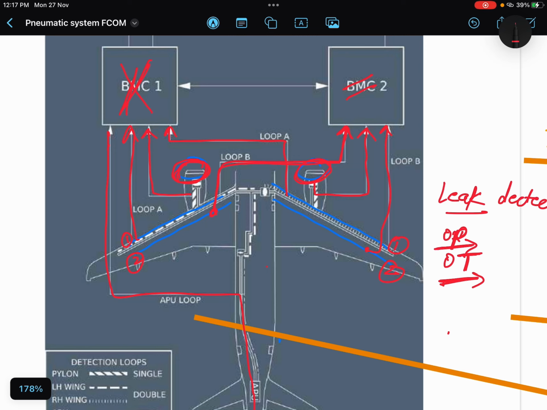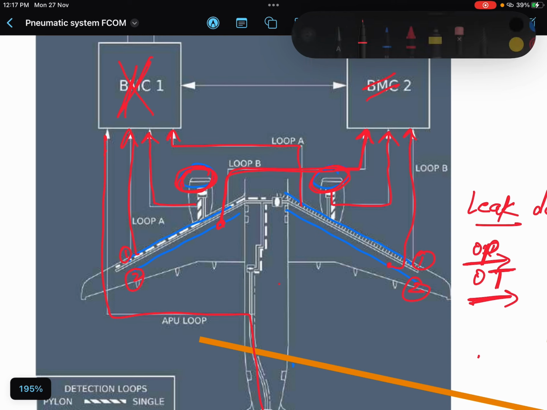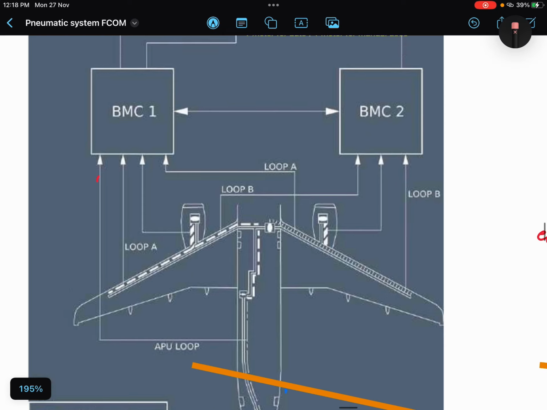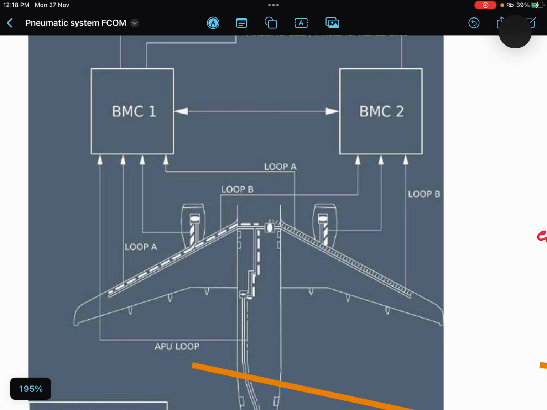Now let me conclude it. So guys, if you have BMC1 failure, what leak detection warnings will not be available?